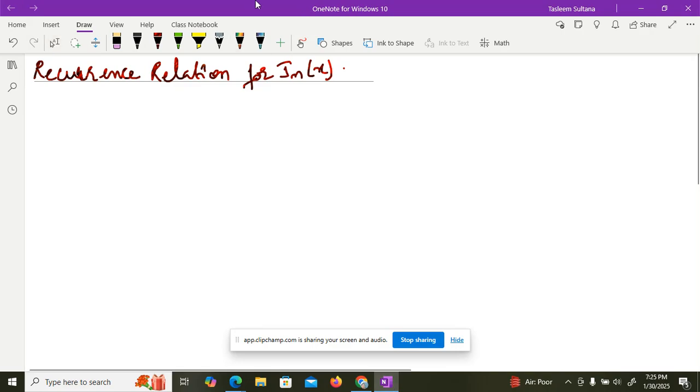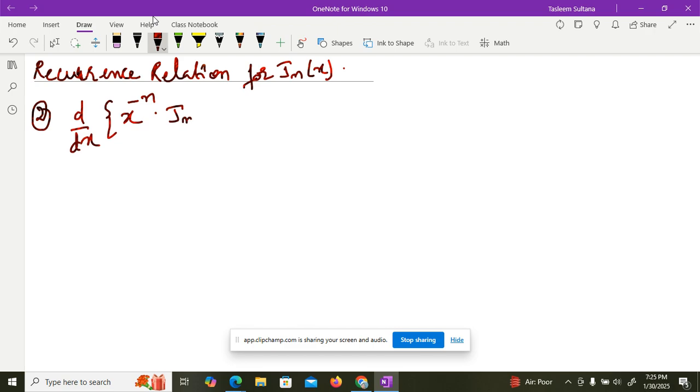The second recurrence relation is d by dx of x to the power of minus n into J n of x, which is equal to minus x to the power of minus n into J n plus 1 of x.